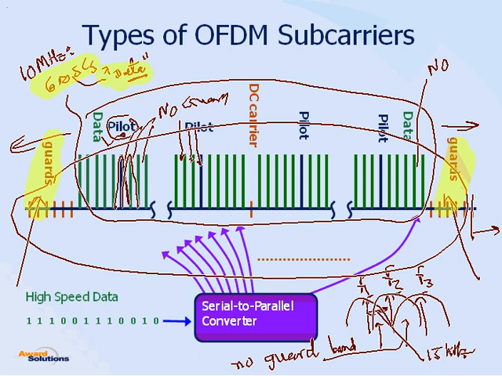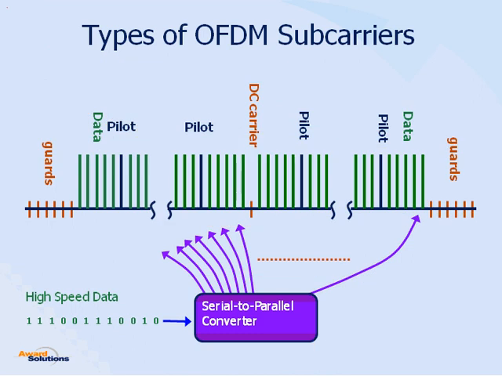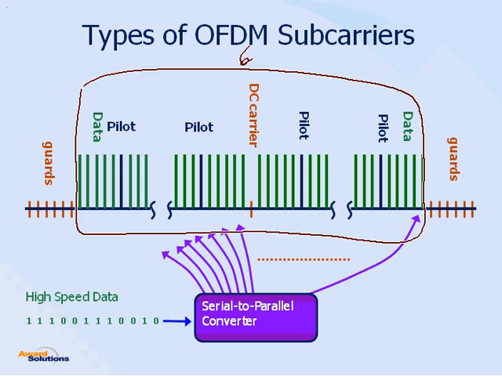So think of the whole thing for LTE at least. The 600 number for LTE goes from here to here. So in LTE we have 600 subcarriers, and most of them are data.